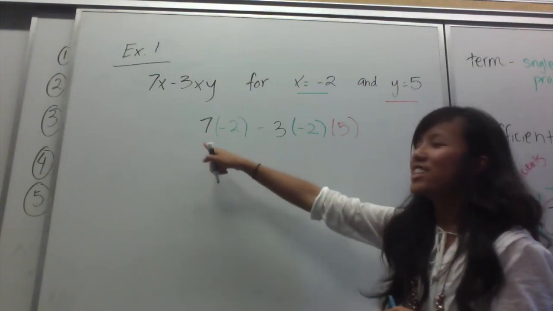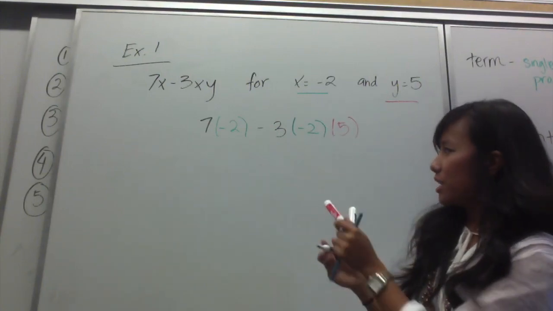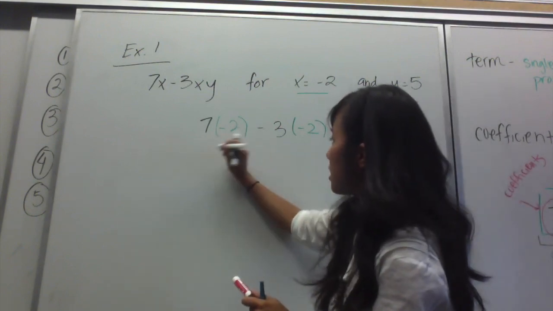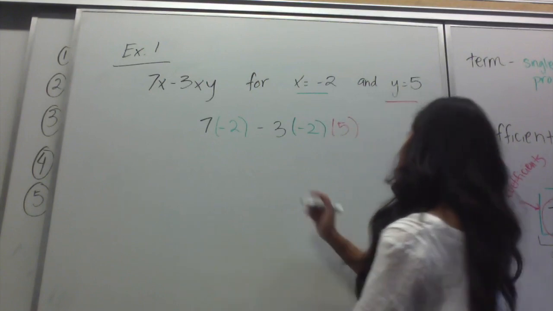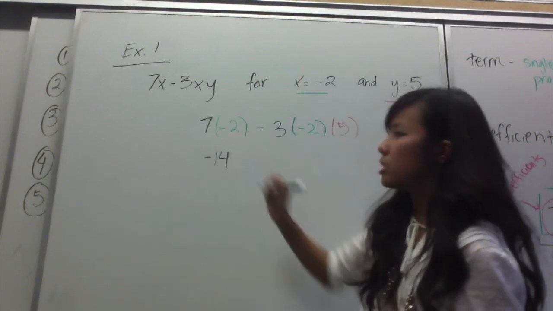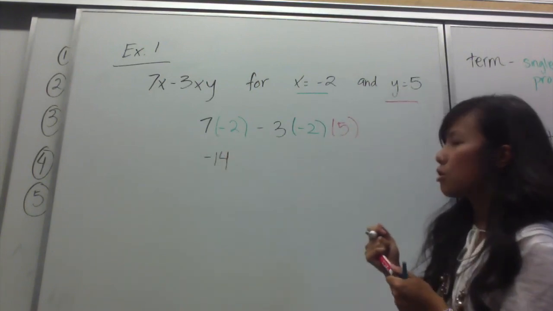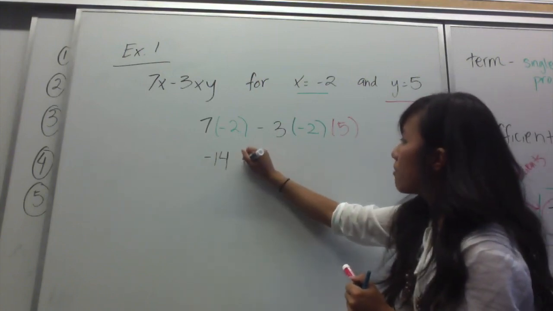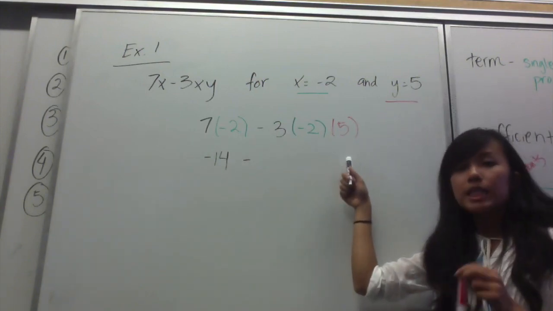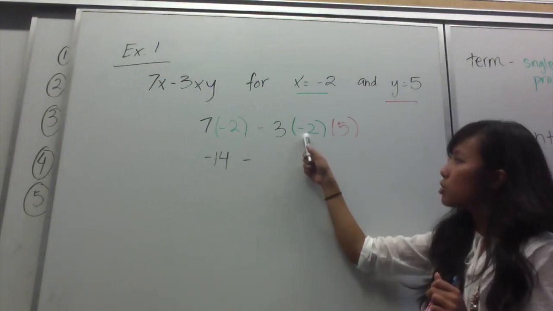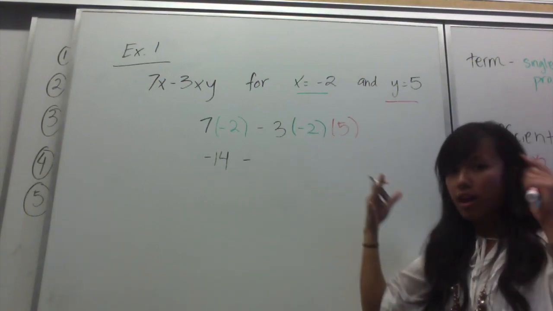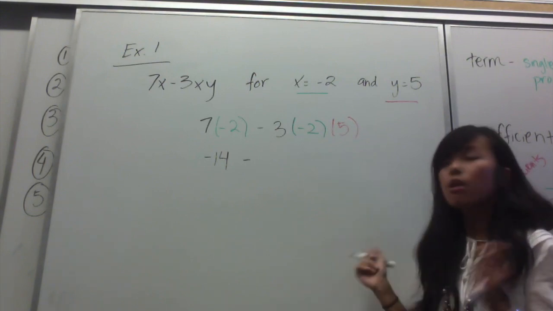All right, so 7 times negative 2 is negative 14. Okay, make sure you use order of operations. A lot of people make these mistakes, so don't be one of them, okay? Then we have minus. So in this case, please, please, please, don't forget the subtraction sign here, and don't do it in your head. You may get it wrong, so show all your work, okay?